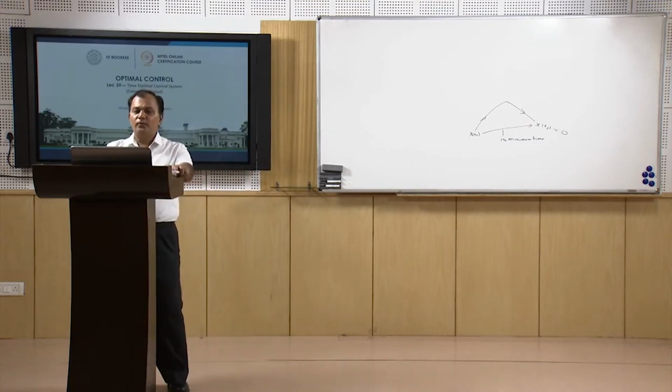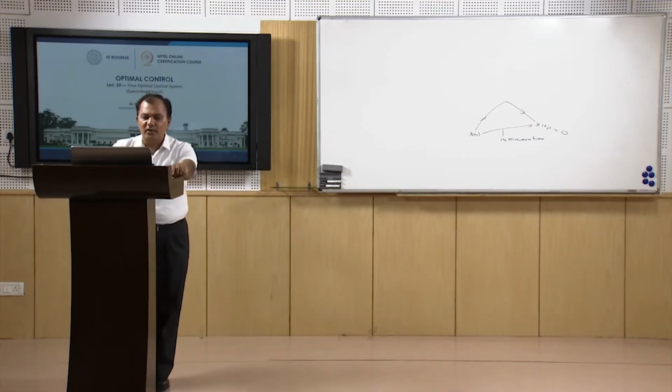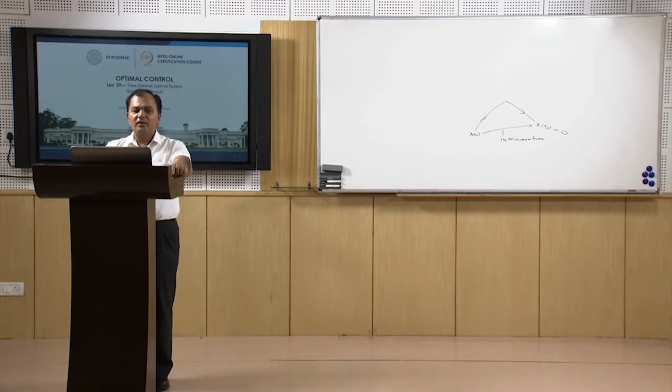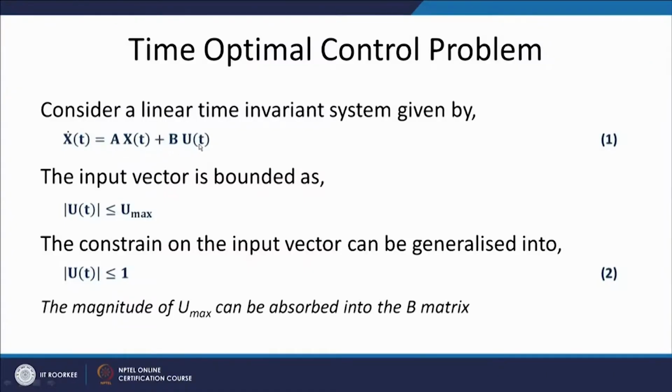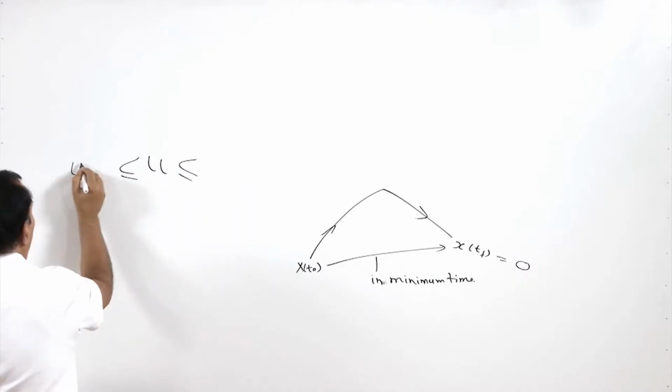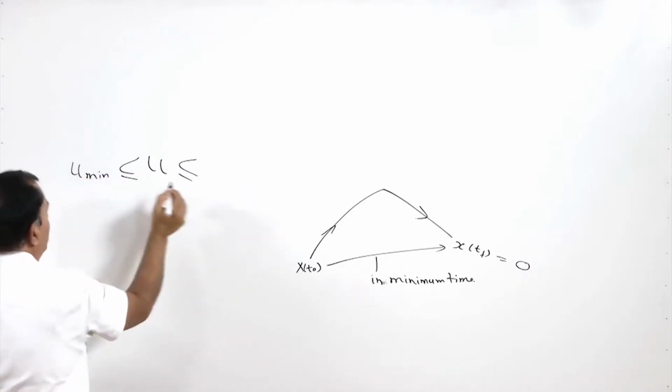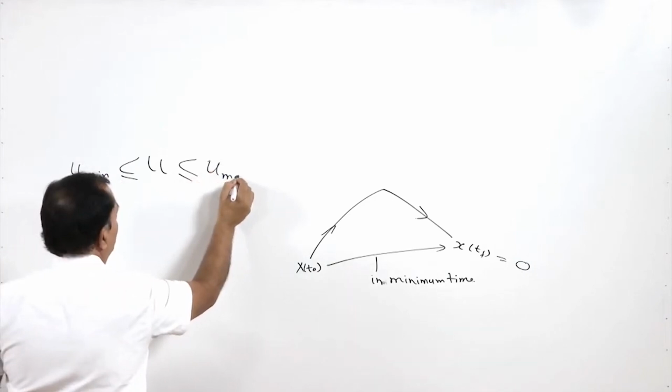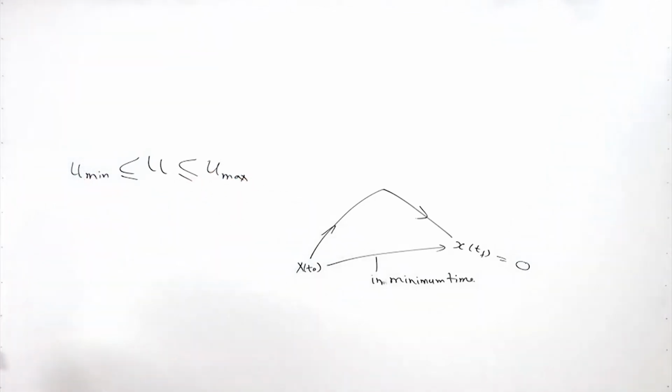So, for this we will consider a linear time invariant system defined as x dot(t) equals Ax(t) plus Bu(t). My input is bounded as mod of u(t) is less than u maximum, or otherwise we can say u lies between u minimum and u maximum.